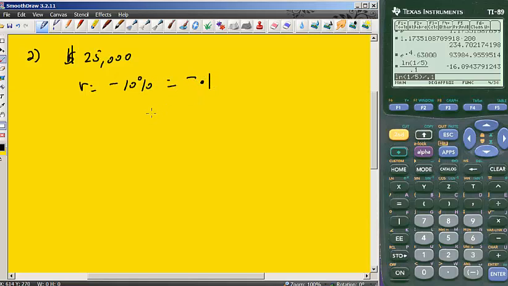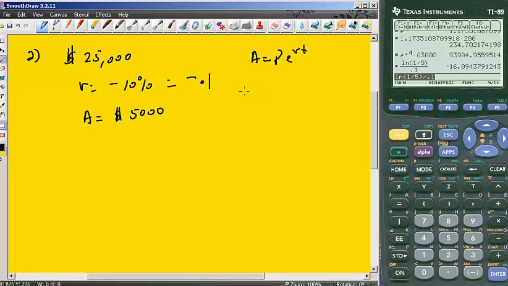And then they want to know how many years will it take to be worth $5,000. The amount at the end is going to be $5,000. So we're going to use the formula Pert. So A is equal to P-E-R-T.